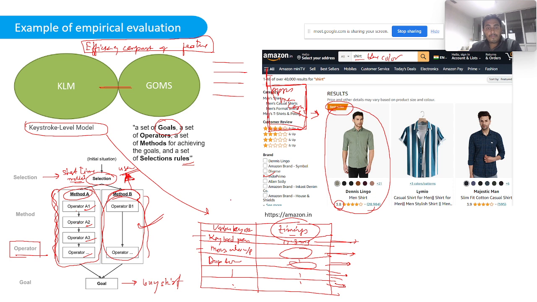So this is how KLM GOMS can be used to measure the efficiency of a particular feature in a user interface. More details about such techniques will be provided in the subsequent lectures.